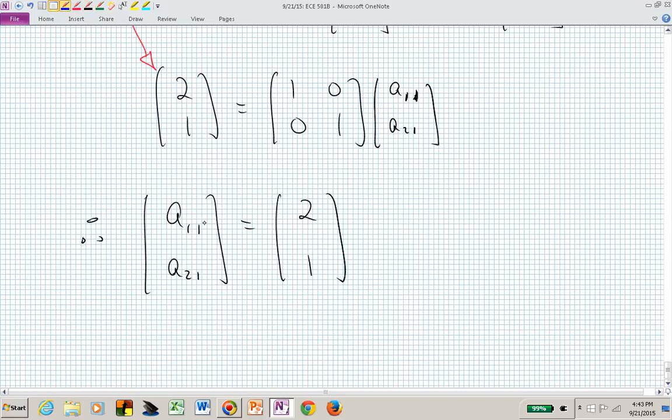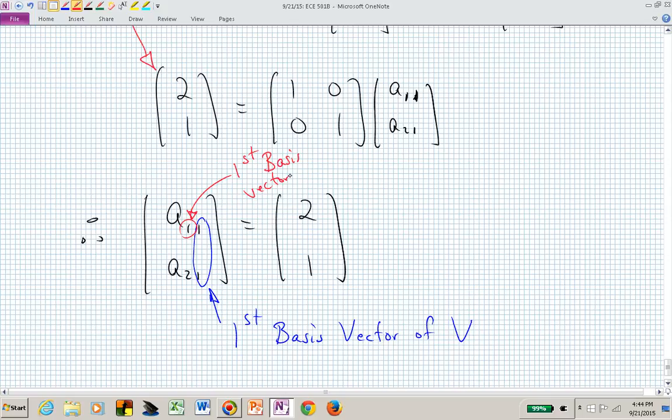And we could see that this 1 corresponds to the first basis vector of W, and this 2 is the second basis vector of W, which is how to infer these coefficients.